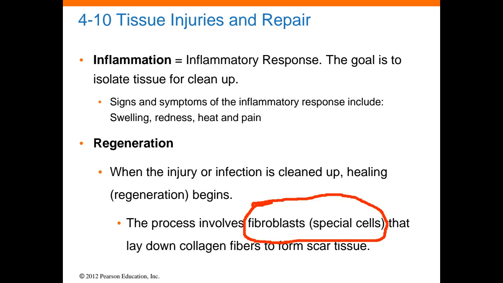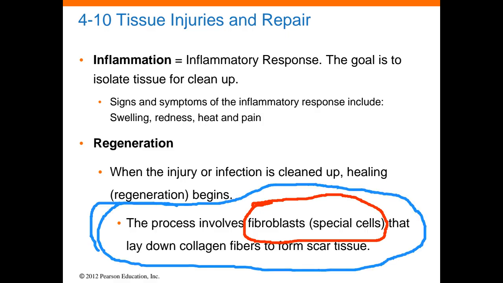Okay, so that's the function of fibroblasts, or we call them fibrocytes. So their job is going to be to release all this extra collagen fibers, and they will aid in repair of the tissue. Okay, and that is what allows for regeneration to actually take place.